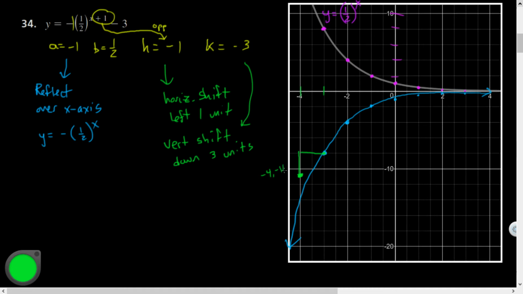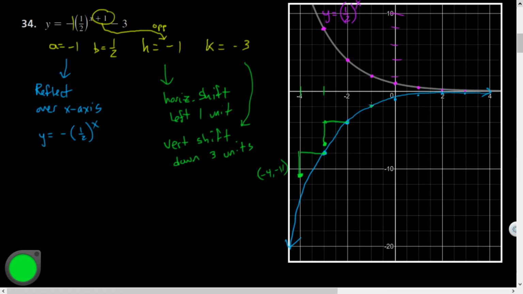I'll even label it, but you don't have to label all your points. Okay, let's take this one. So I'm going to move it left 1 unit. All right, -2 to -3, and then down 3, which is going to be 1.5 grid spaces, because my grid spaces were based on 2 units. All right, let's do it again.